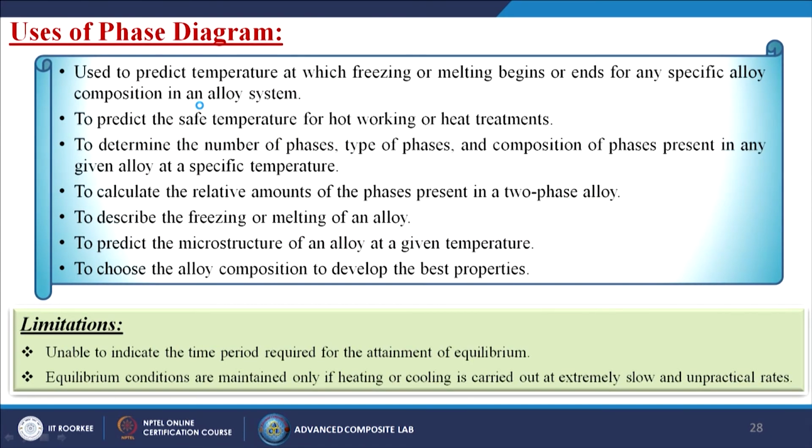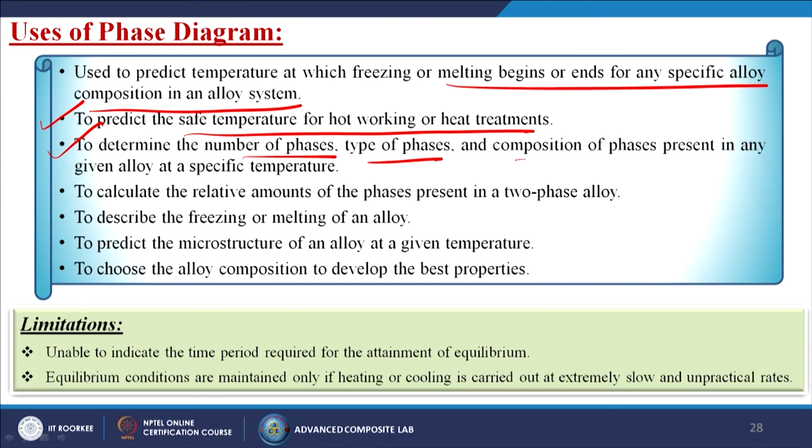Now we are going to discuss the uses of a phase diagram. Used to predict the temperature at which freezing or melting begins or ends for any specific alloy composition in an alloy system. To predict the safe temperature for hot working or heat treatments. Before starting the experiment we can easily understand what temperature we can achieve for these kinds of properties, or maybe the material will show different properties, thermal properties or electrical properties.